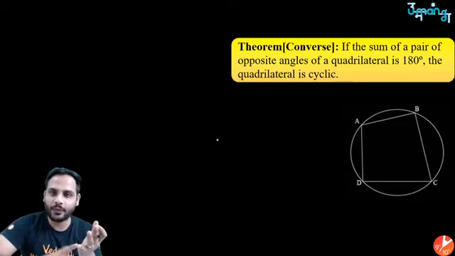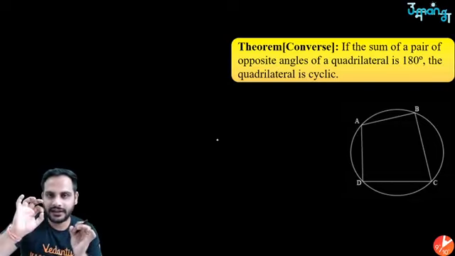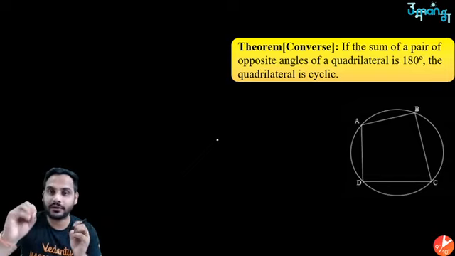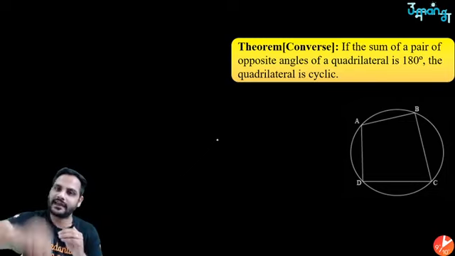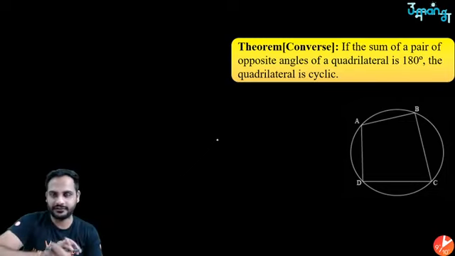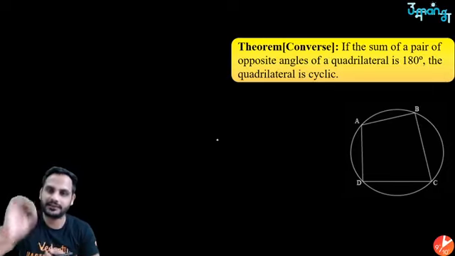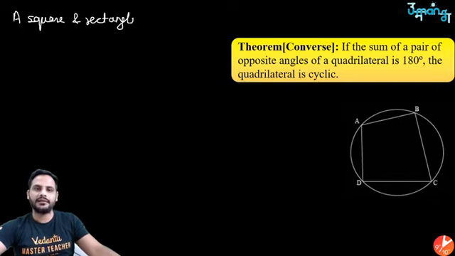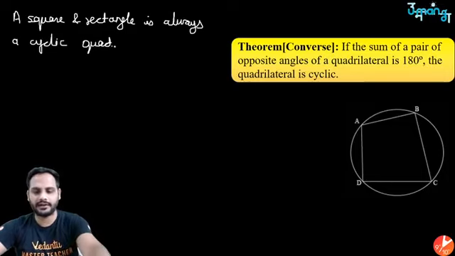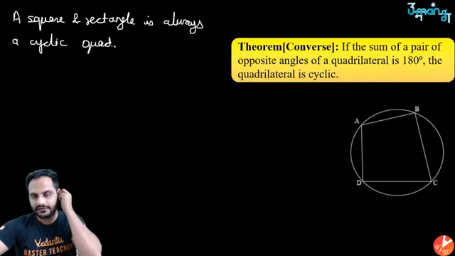So in a square and in a rectangle, they will always form a cyclic quadrilateral because we know in a square and rectangle all angles are 90 degrees, so opposite angles add up to 180 degrees. So a square and a rectangle is always a cyclic quadrilateral, okay?